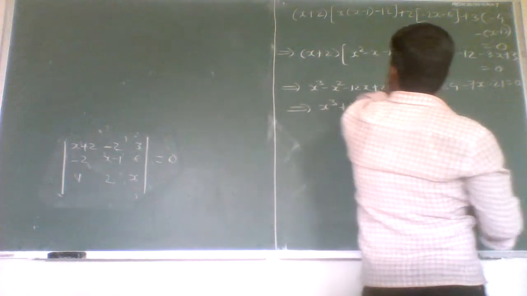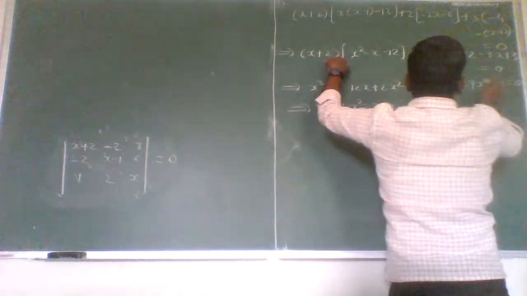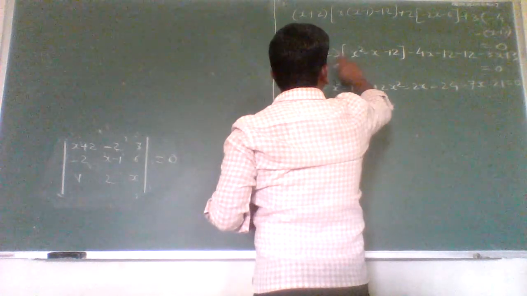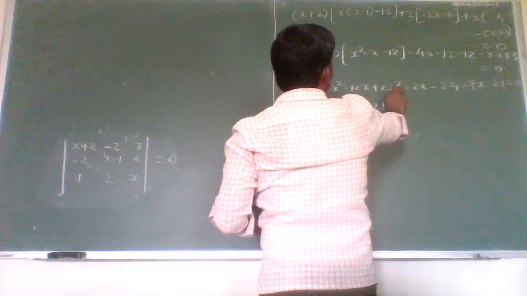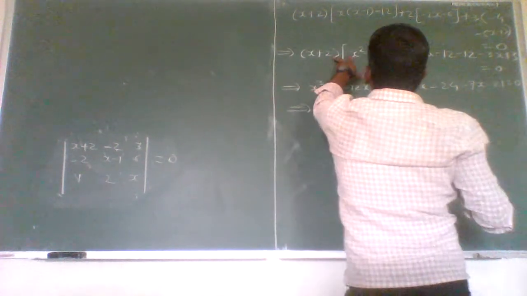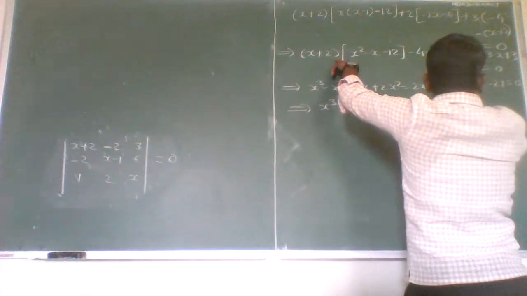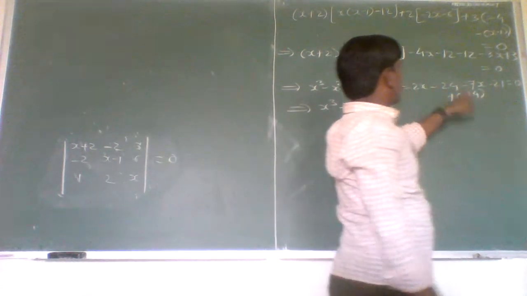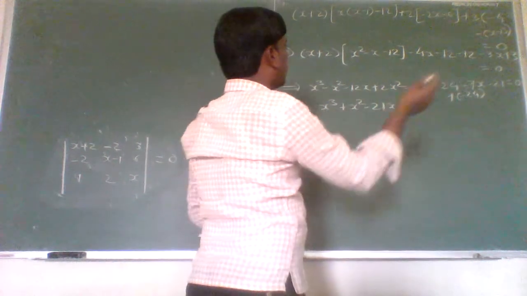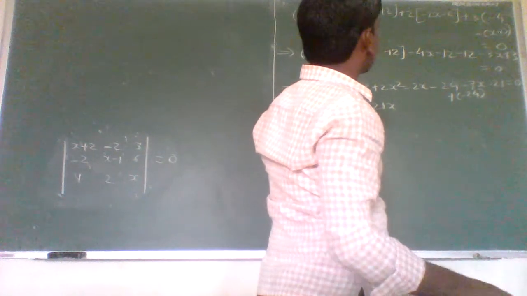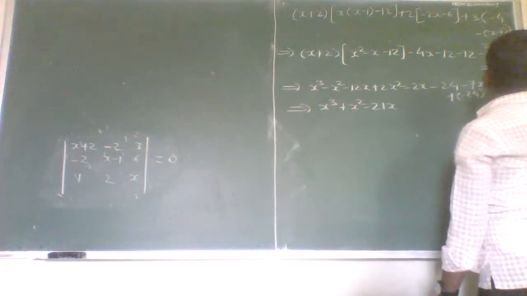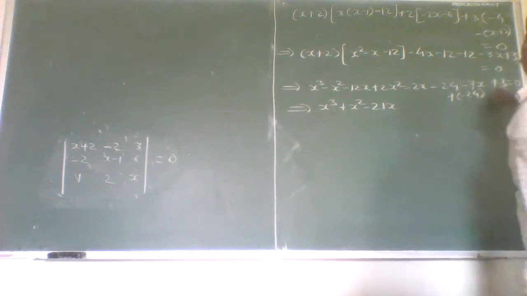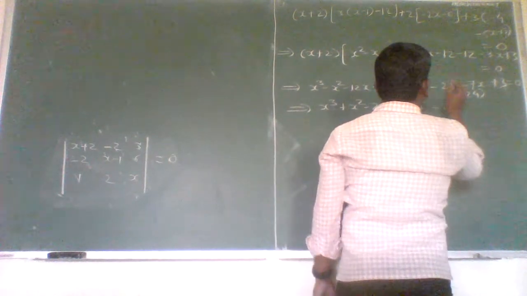Simplifying, x cube minus x square minus 12x plus 2x square minus 2x minus 24, minus 48, plus 3, minus 45, will be equal to 0.